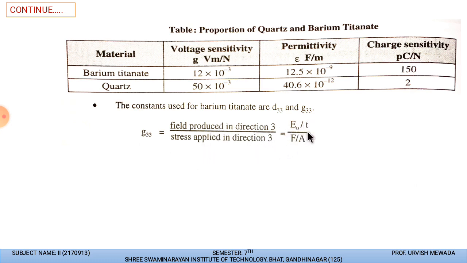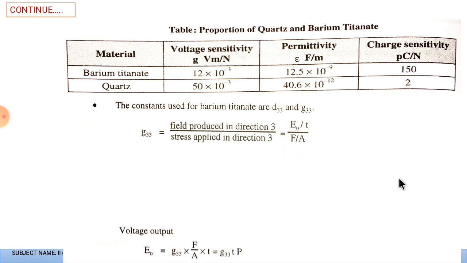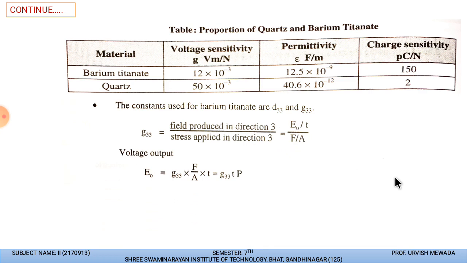The field produced is E0 by t, and the stress applied is F by A. So the equation for the electrical output of the piezoelectric transducer was E0 equal to g t p, but here g is replaced with g33.